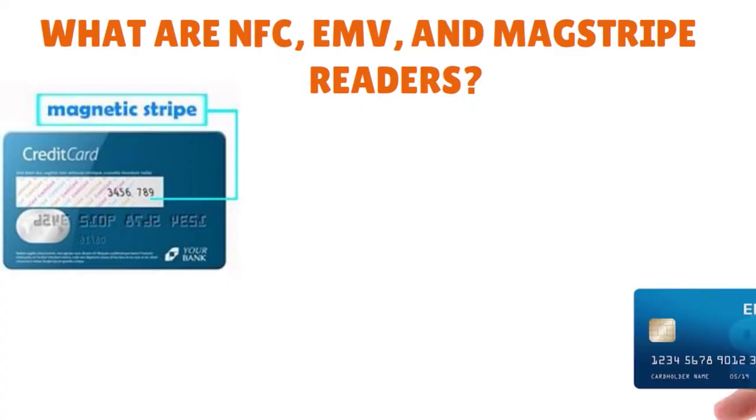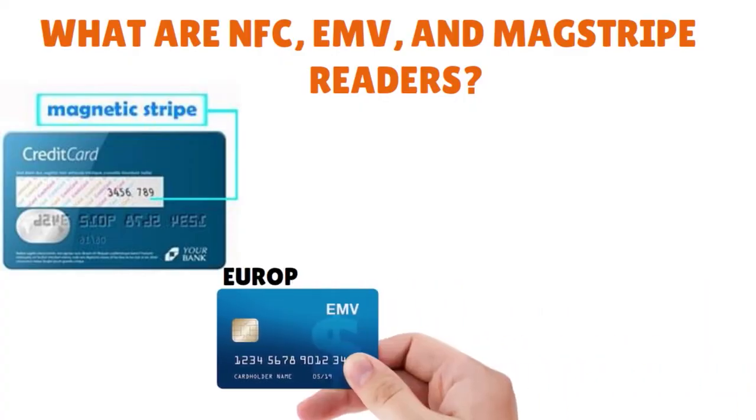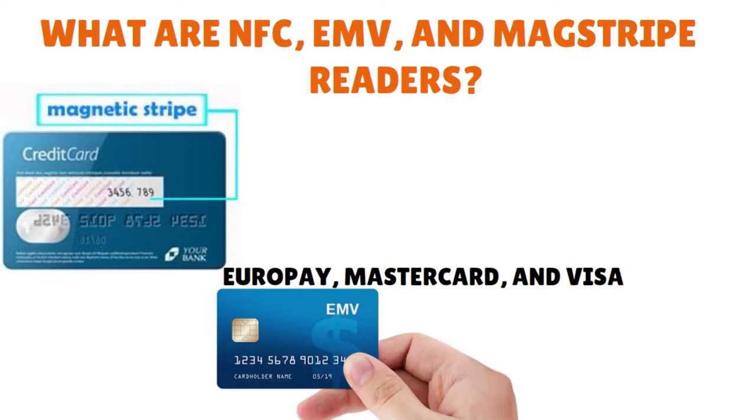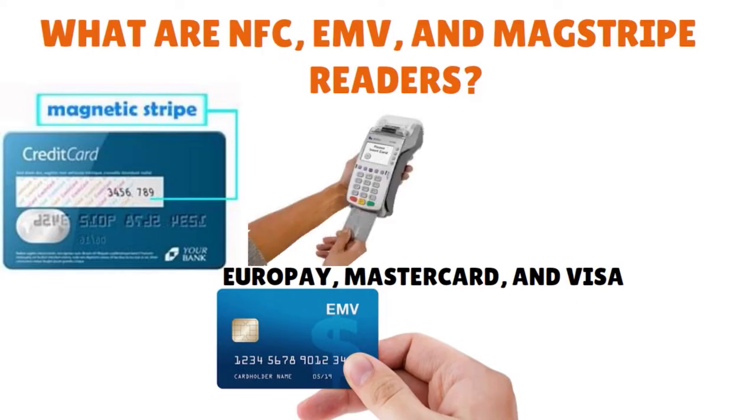And EMV stands for Europay, MasterCard, and Visa. This is the term used for a rapidly developing worldwide standard for credit card payments. EMV-enabled readers can accept microchip cards that allow for more secure authentication and card transactions.